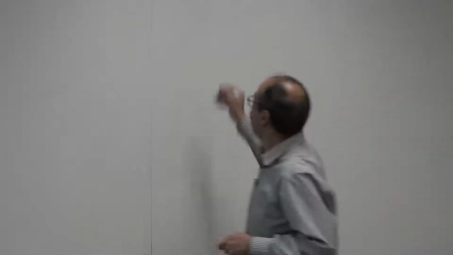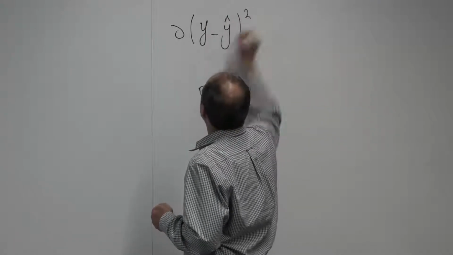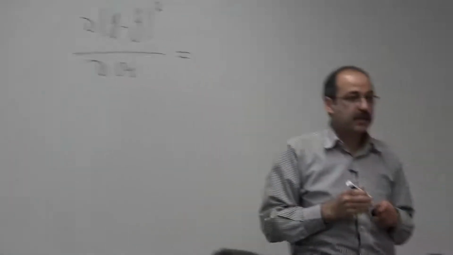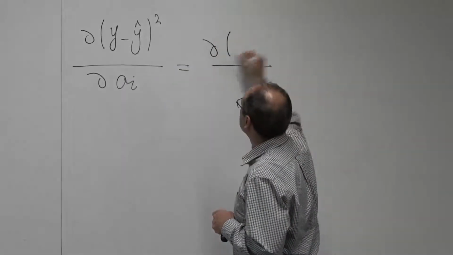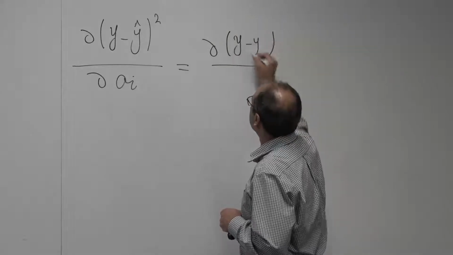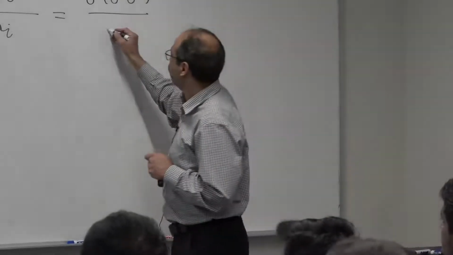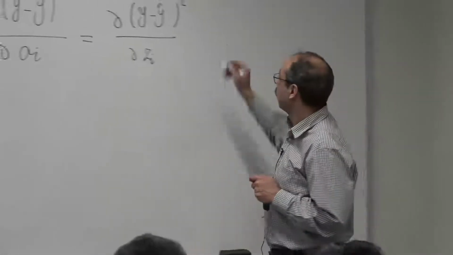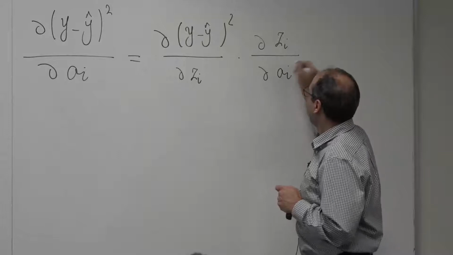So I have derivative of y minus y hat with respect to AI. So you suggest that I write it as derivative with respect to ZI, and then dZI by dAI. Okay.